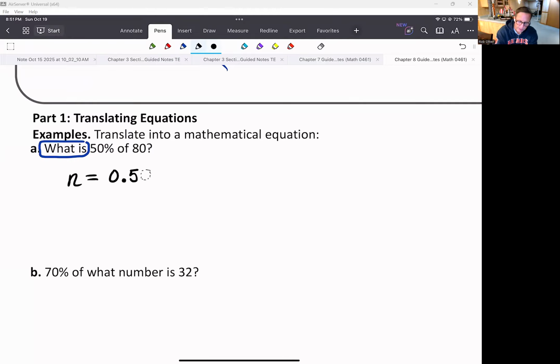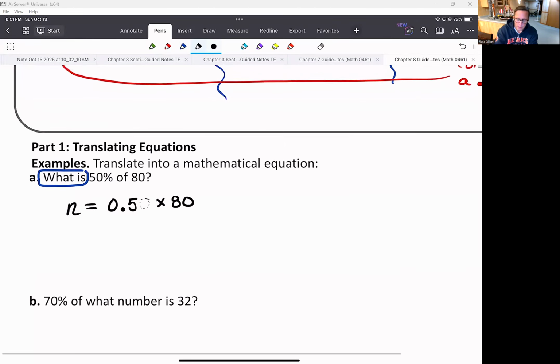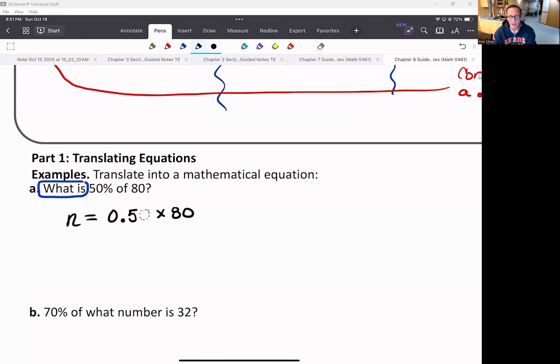And then times 80. So 80 in this example is the base. Now this is a pretty dry example, there's not a lot going on in it, and this is a little bit gimmicky, but if you're dealing with the word of, that is a good indicator you're dealing with the base or the whole.